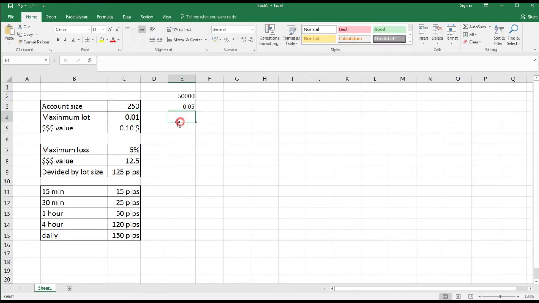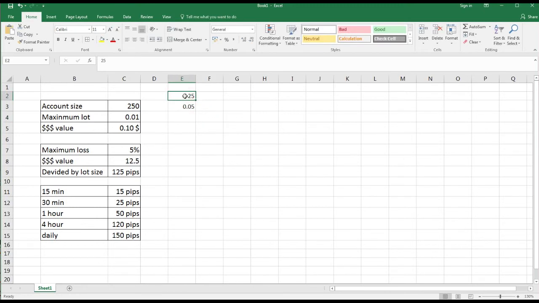So if I take a $50,000 account, which is over here, $5,000 would be 10% of the account, $500 would be 1% of the account, and $50 would be 0.10% of the account. So if I want to trade 0.05, then I can only trade at $25 a pip on a $50,000 account.